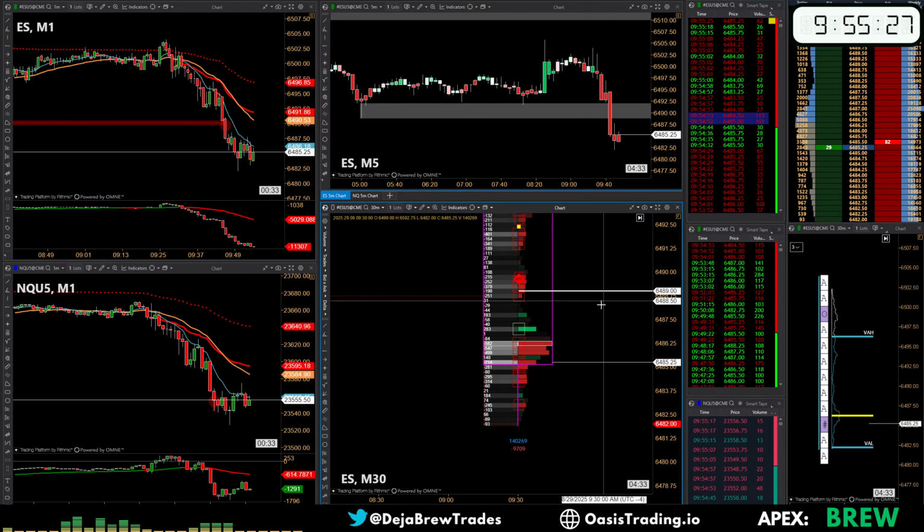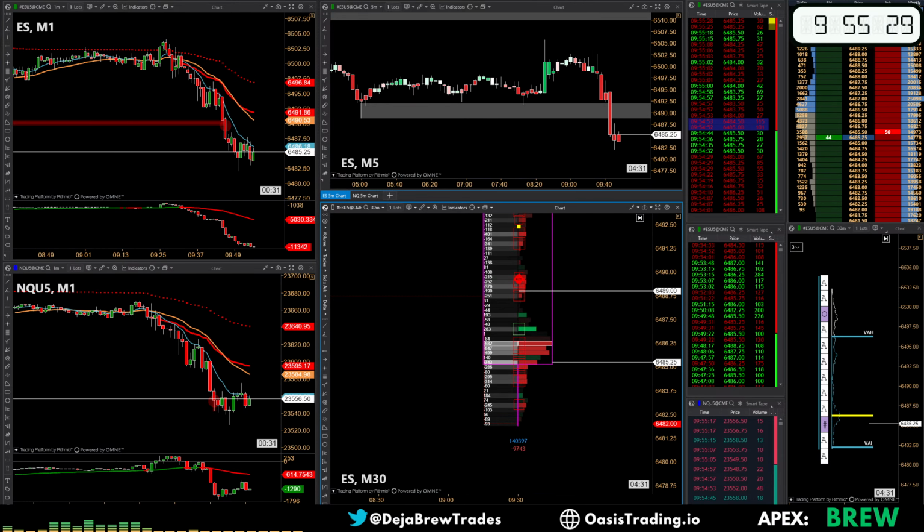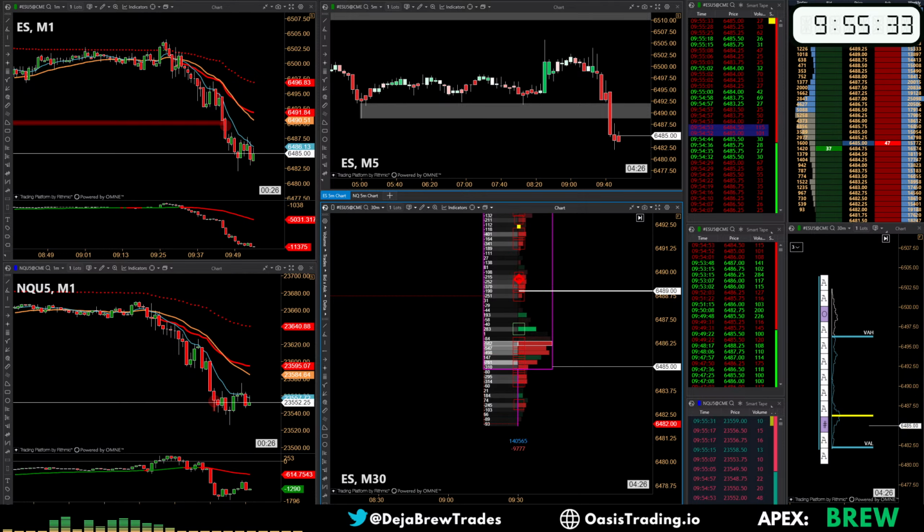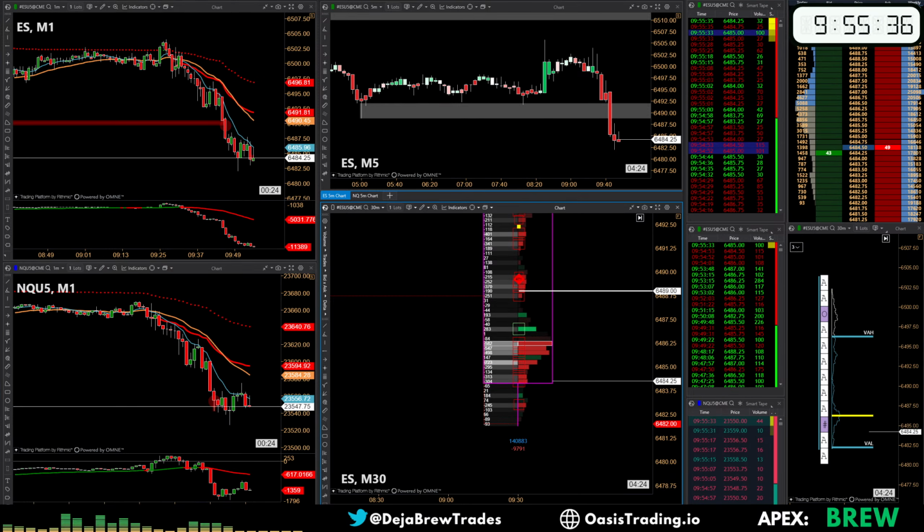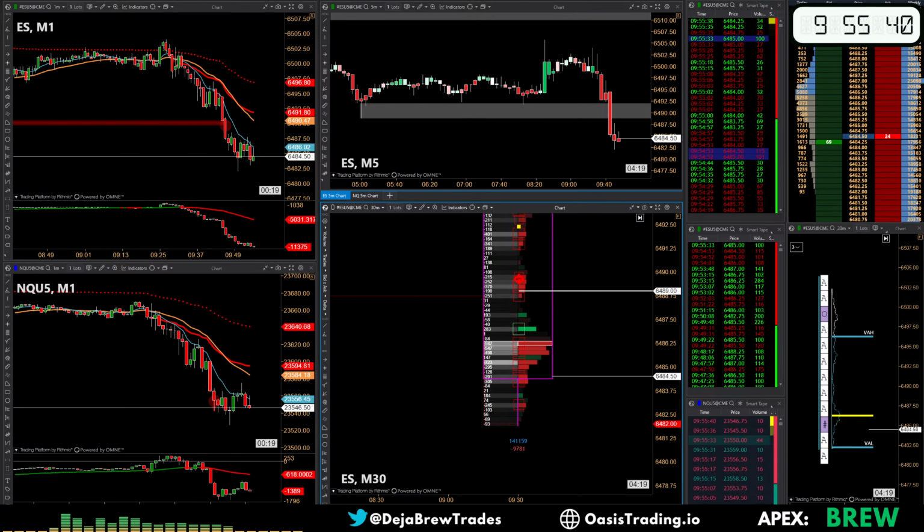If they stay below this 89 after the 10 o'clock data, then it's probably going to be trending down for most of the day. We'll see. That's that overnight low. It is holding below the aggressive averages right now. Building a pretty decent bearish cluster around 85, 86.